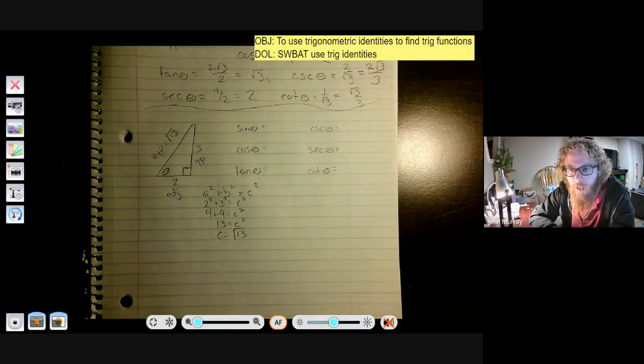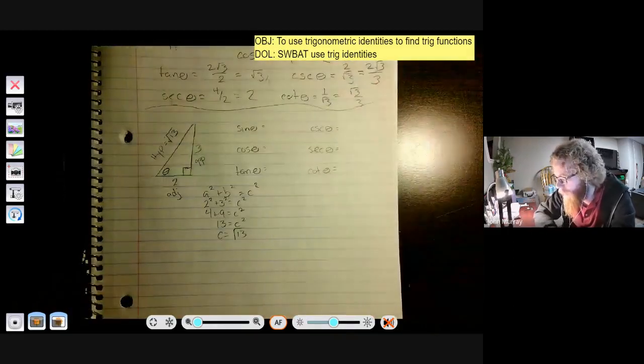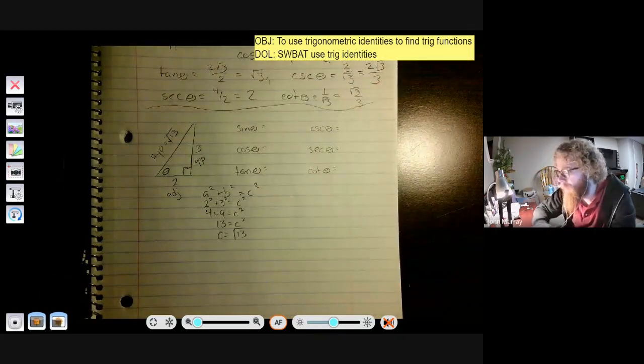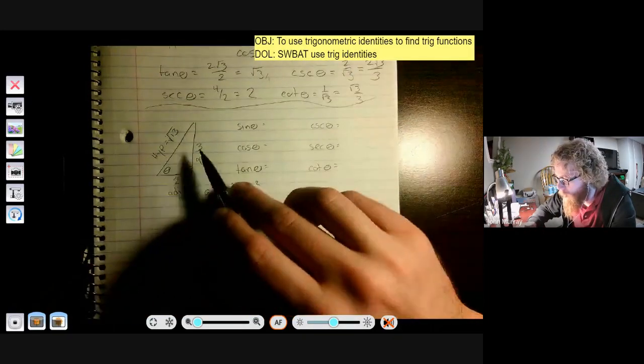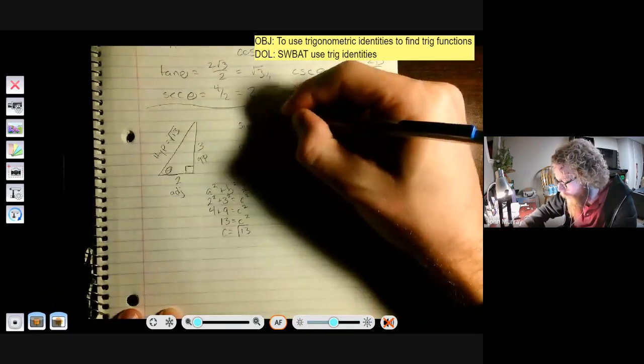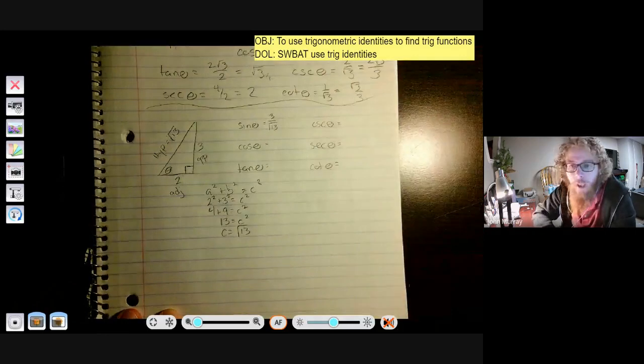Now we can go through our trig functions and solve them, even though we don't know what our angle is. As long as we have the sides of our triangle, we can calculate the trig functions. Sine is the opposite over the hypotenuse. My opposite is 3 over my hypotenuse, which is the square root of 13.